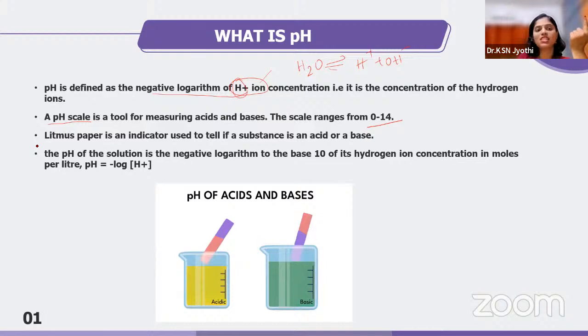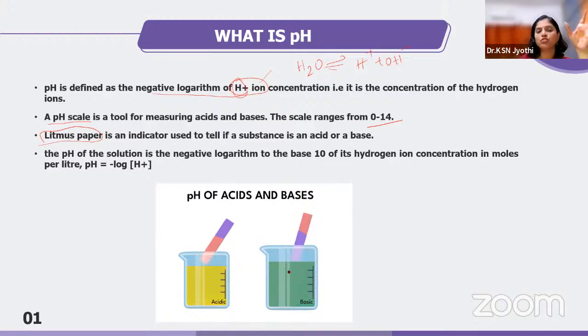We have what is called a litmus paper. This is a paper which is uniquely designed, and it acts like an indicator. If you put it in a solution, depending upon the color change, you will have the strip on which you will have the gradation given. If the color changes to anywhere like a kind of yellow mustard, you will know that it is an acid. And if it is going into an alkaline range, the color changes to green.